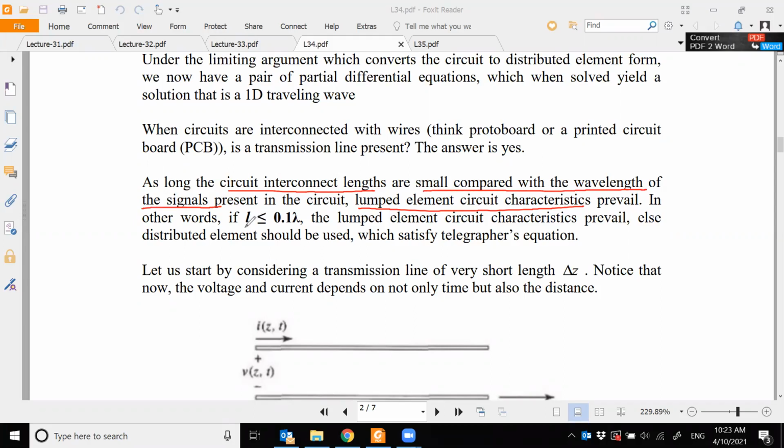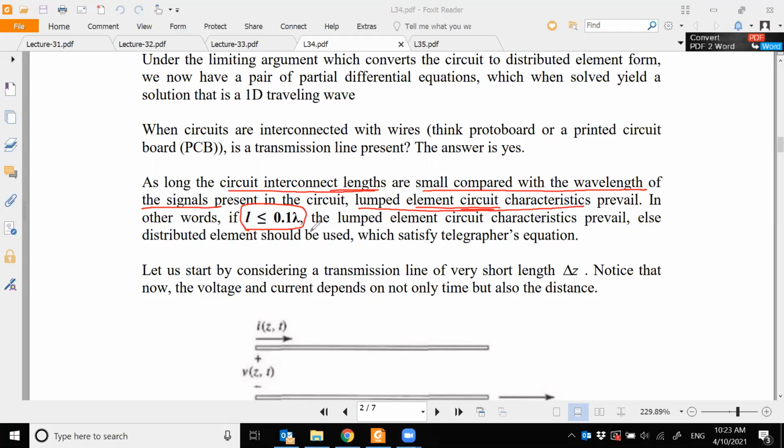That means L is less than or equal to 0.1 lambda. Then you can use the lumped element circuit. If you think of a PCB, the interconnecting wires should be less than or equal to 0.1 lambda. Then you can use lumped element circuit analysis.